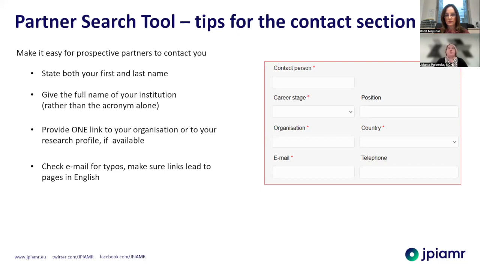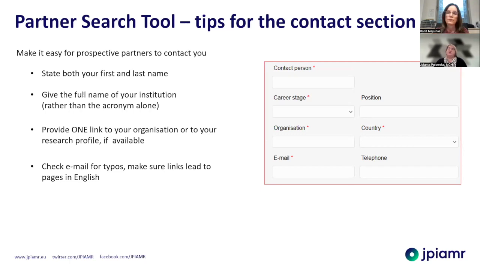Please provide one link to your organization or to your research profile. It very often happens that people provide a number of links. This is a very simple online form. If you do that, then the person who clicks on it will not be hyperlinked to any particular site.